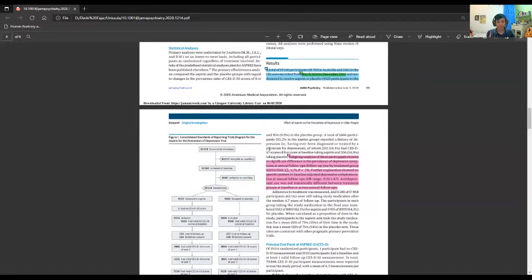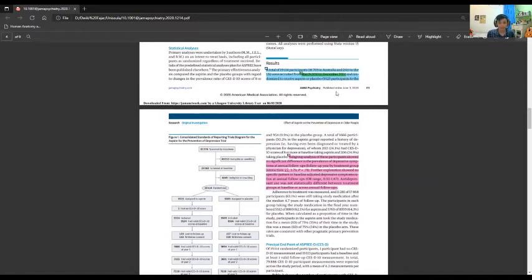Okay, so after 13B there is item number 14, that's called recruitment. It's divided into 14a and 14b. So this is 14a. 14a means dates defining the periods of recruitment and follow-up, when the recruitment and follow-up happened. So it's from March 2010 to December 2014.